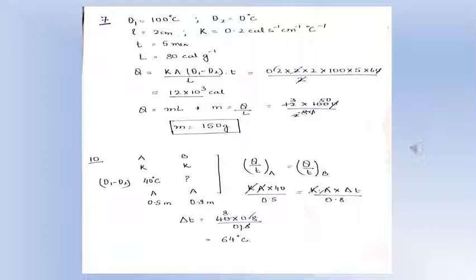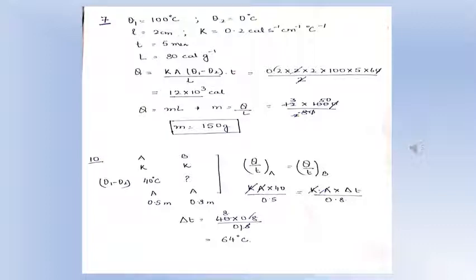The opposite faces of an iron cube are in steam at 100 degrees Celsius and in ice 0 degrees Celsius. So theta1 we'll take as 100 and theta2 is 0 degrees Celsius. The length of the cube is given as 2 centimeters.